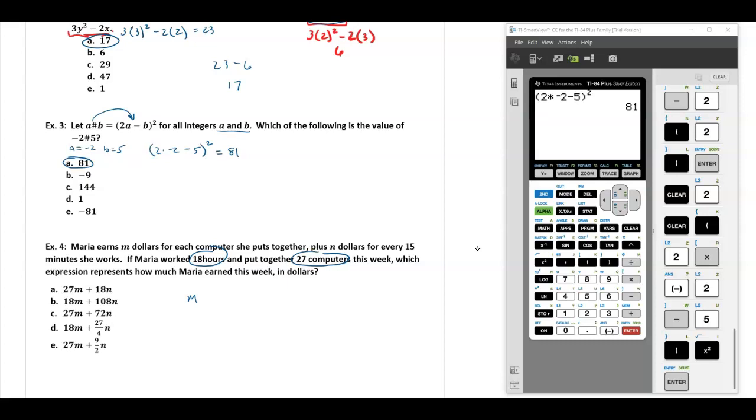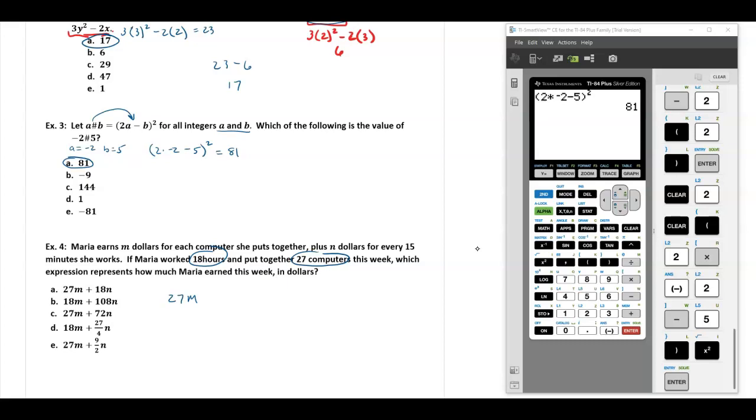Number one, the easy part of this is knowing that if she sold 27 computers, you multiply 27 computers by the amount she makes per computer. Basically, if she sold 2 computers, she made 27 times 2, which would be $54. So if she sells M computers, it would be 27 times M.